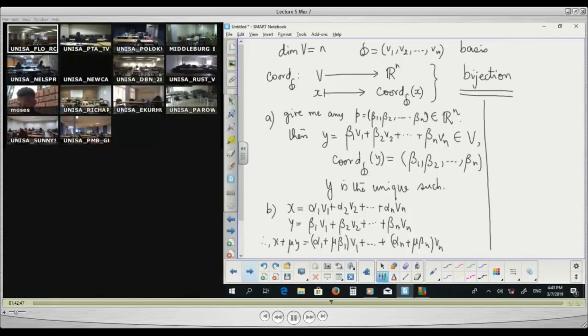So not only is it giving another shape to this strange V, but it is preserving the vector space structure. Okay? So whatever we might do in V, we might as well think of doing it in Rn.